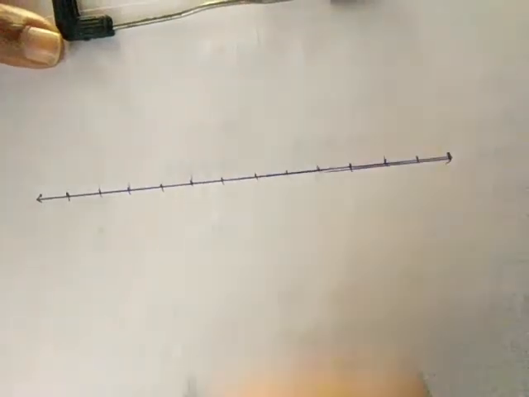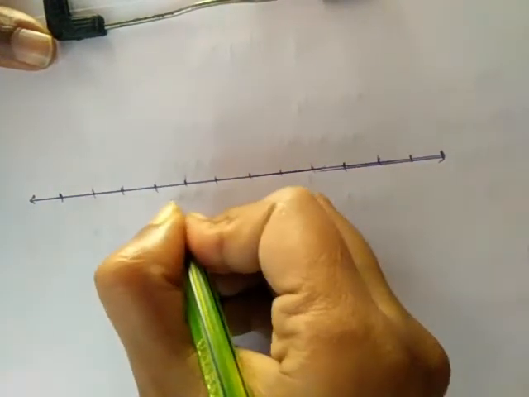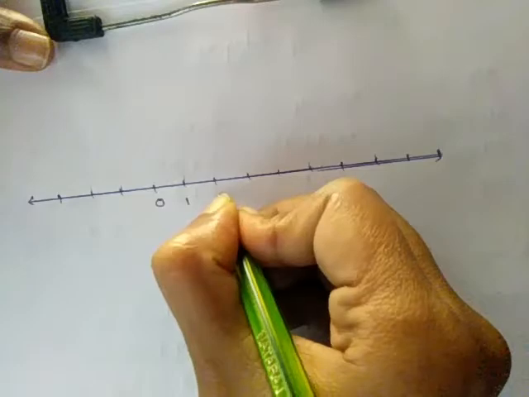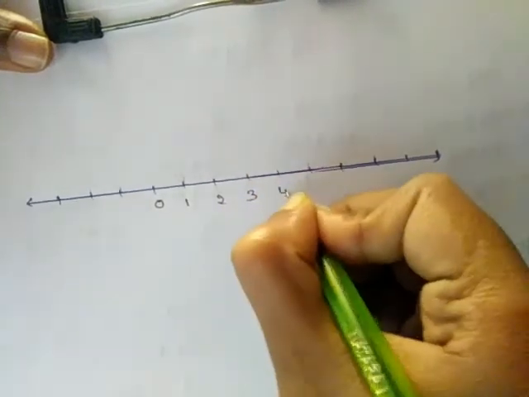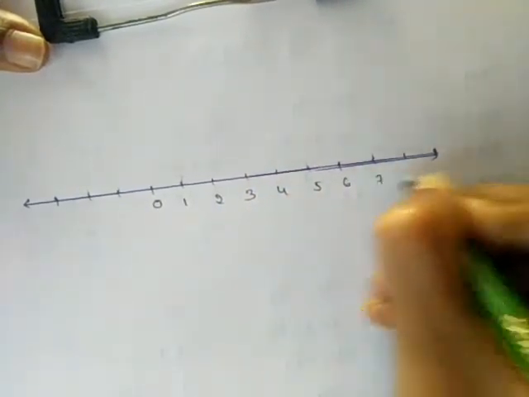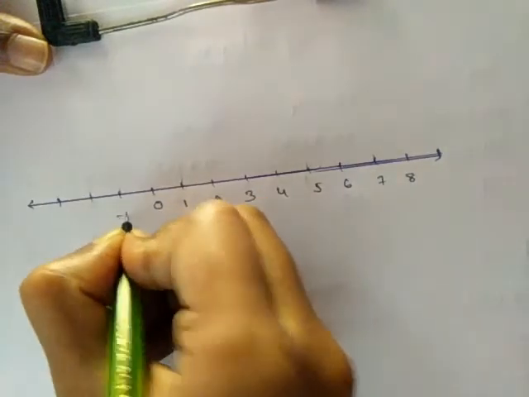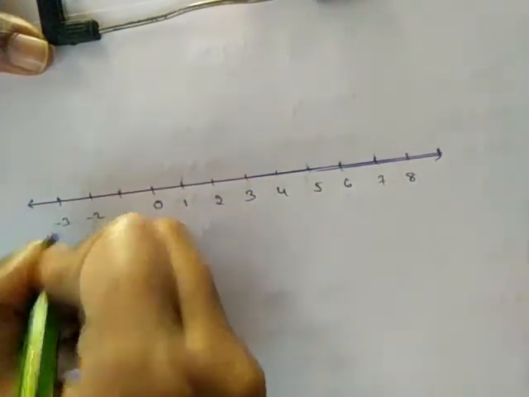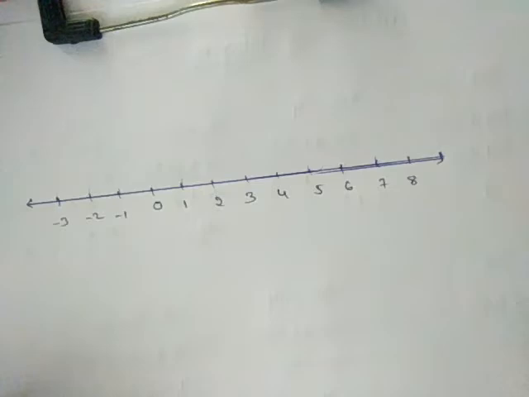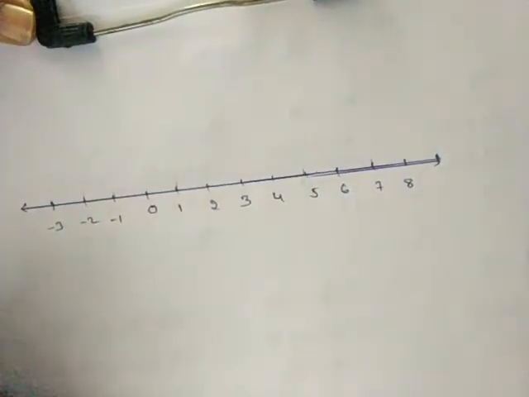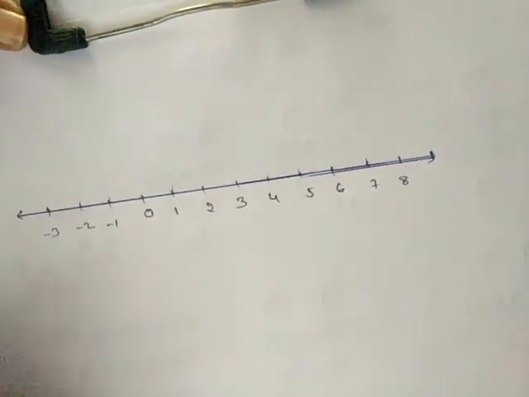This is 0, 1, 2, 3, 5, 6, 7, 8, and minus 1, minus 2, minus 3. Here we need to represent an addition of numbers on the number line.